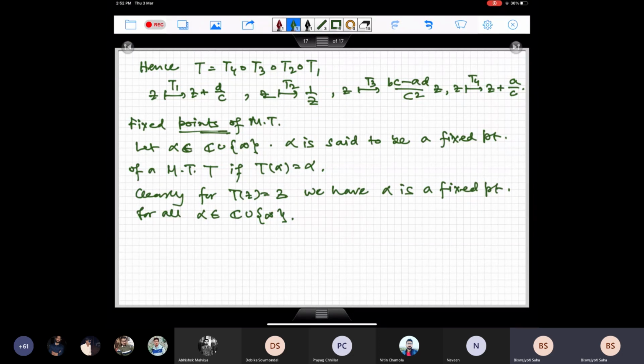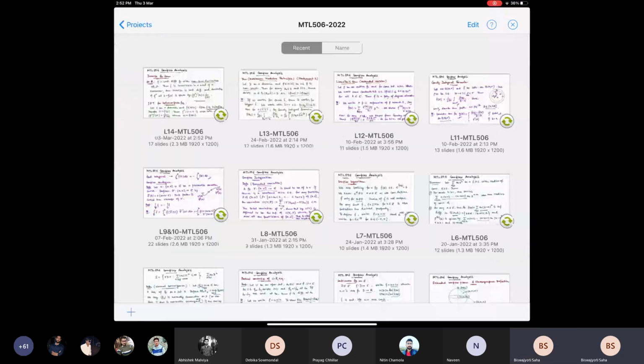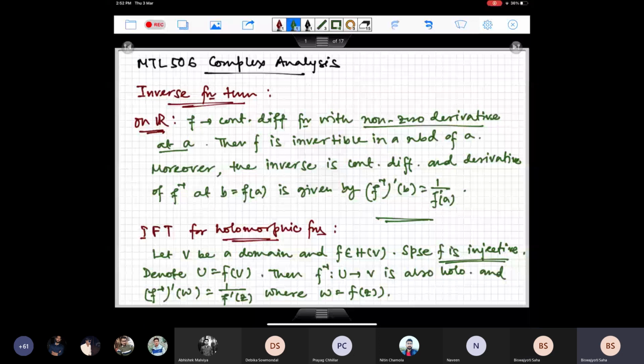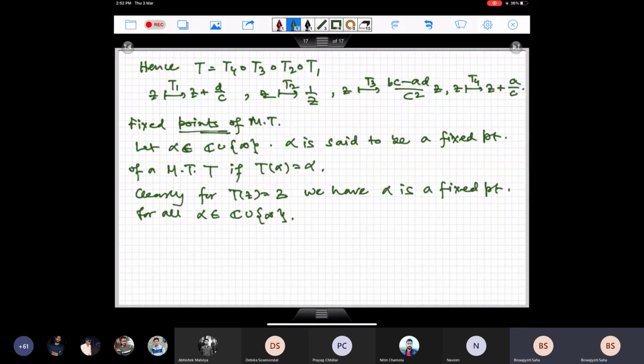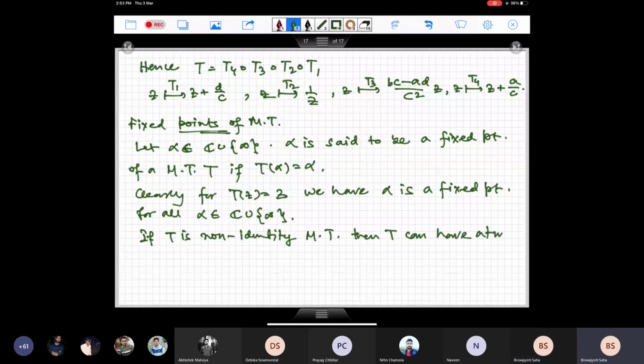Okay, so in that case, what we will see is that if T is a non-identity Mobius transformation, then T can have at most two fixed points. So T can have at most two fixed points.